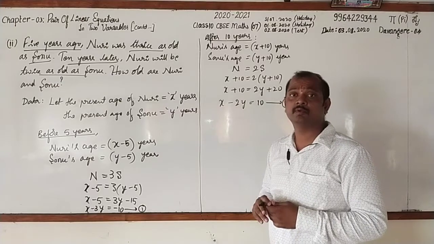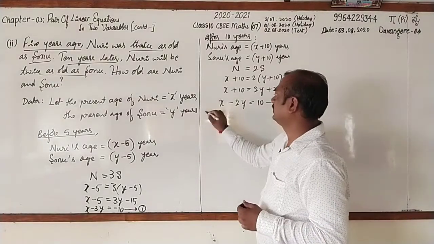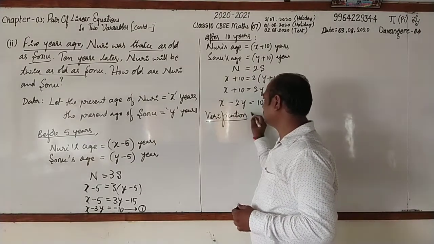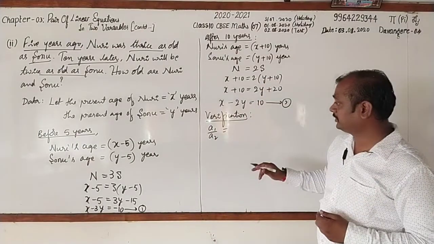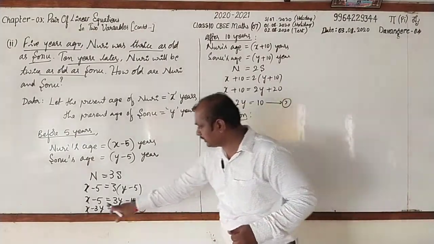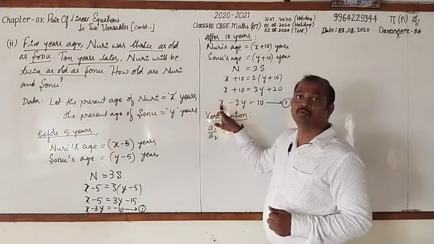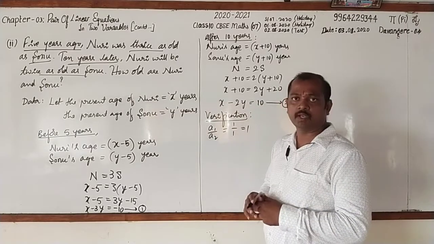What is the next step? We have to check whether the solution exists or not. Let us go for verification. I am going to write a1 by a2, b1 by b2 and c1 by c2 directly. What is a1 by a2? a1 is the coefficient of x, a2 is the coefficient of x in the second equation. Both are 1, so it is equal to 1.